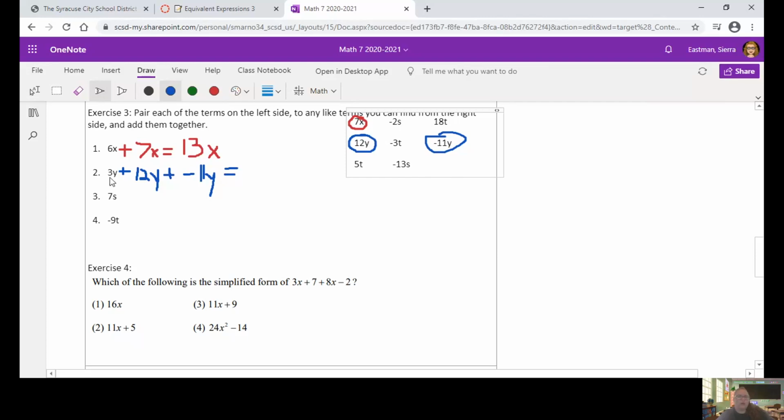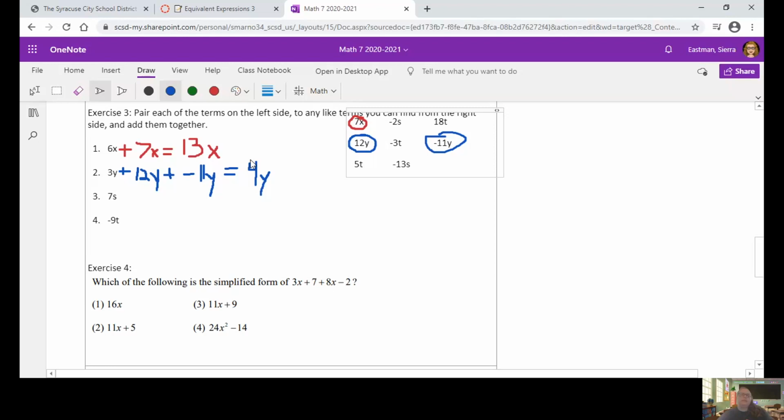So I want to take all three of those numbers, and you may need a calculator for this as well. So go ahead and use your desmos.com/scientific link if you need to. 3 plus that 12 is going to give me a 15. But then when I add a negative 11, I should just be left with a positive 4. Okay, so I'm taking just those coefficients and doing the addition. And then I'm keeping my variable the same. That's what my rule told me to do.